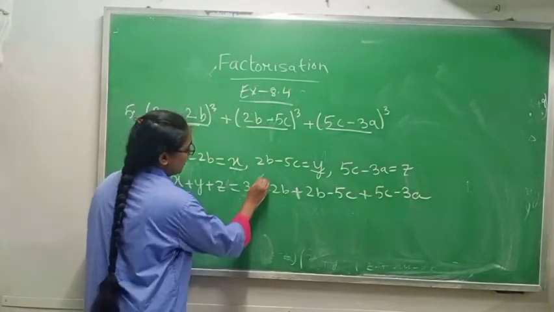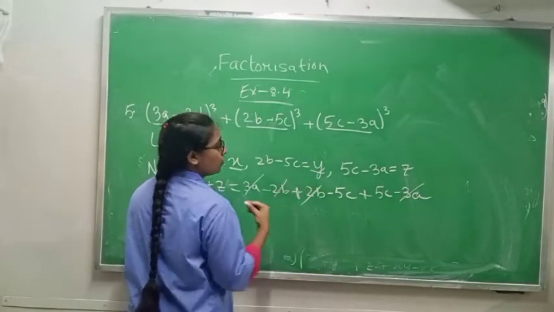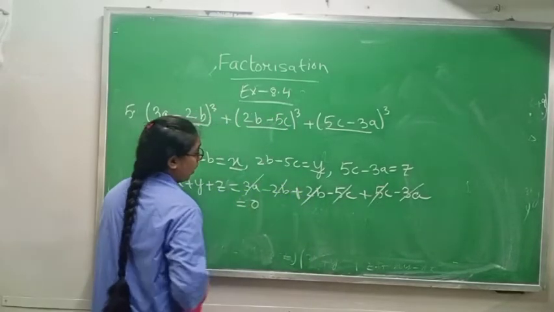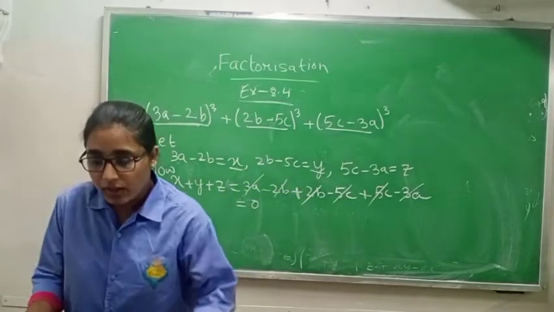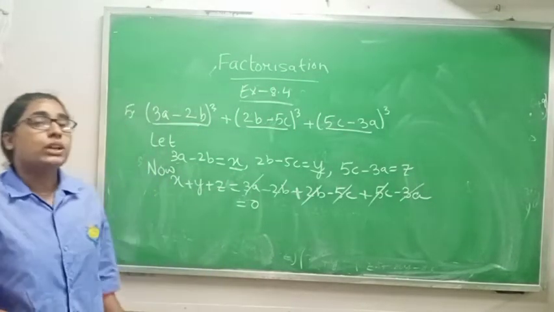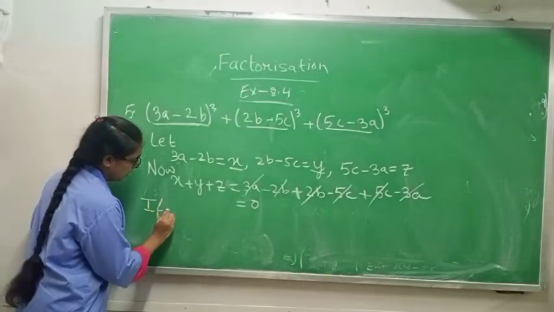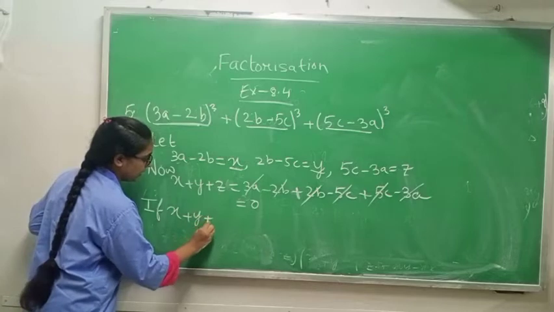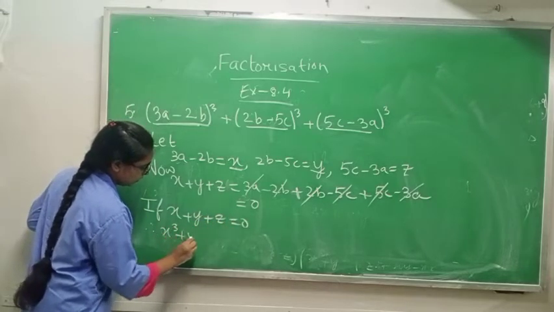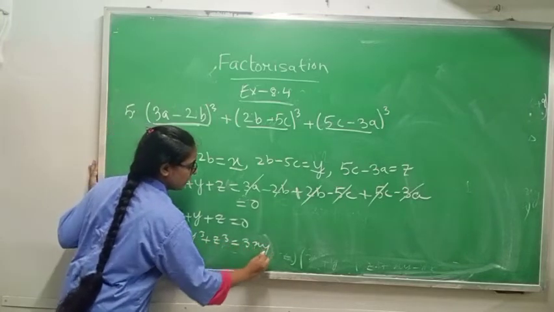Now you can see plus 3a minus 3a will cancel out, minus 2b plus 2b will cancel out, 5c minus 5c will cancel out. You will get 0. I told you in the second formula, if x plus y plus z equals 0, then x cube plus y cube plus z cube equals 3xyz.